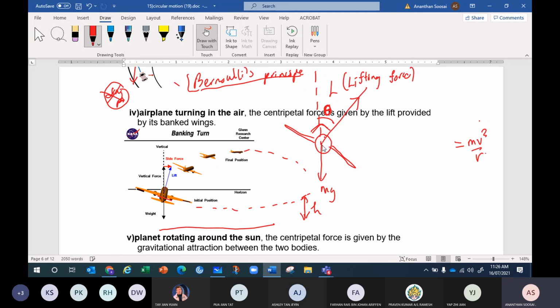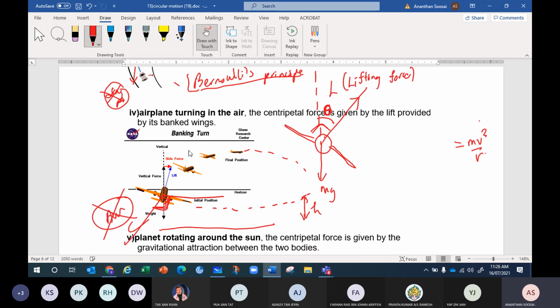Is the air resistance into the page or out of the page? Because the plane is going into the page, the air resistance should be out of the page. So the air resistance makes a 90 degrees angle to the center of the circle. Any force acting 90 degrees to the center of the circle doesn't contribute to the centripetal force, and at the same time, it doesn't oppose the centripetal force. Although the air resistance is acting, we do not really look into it.